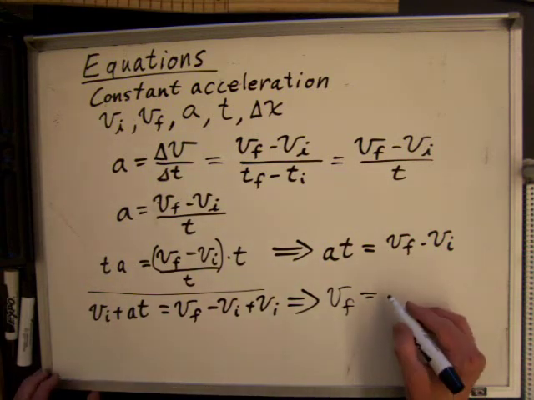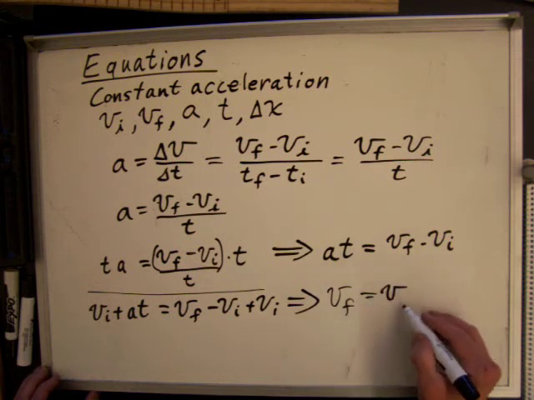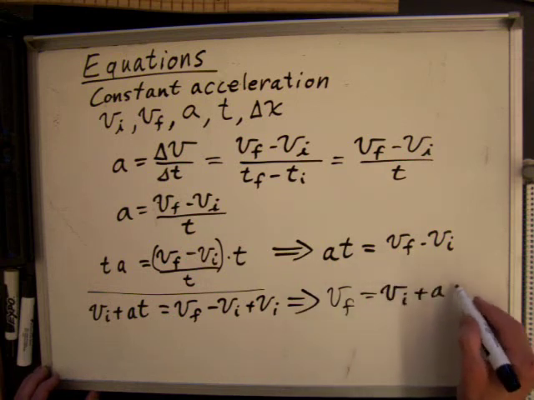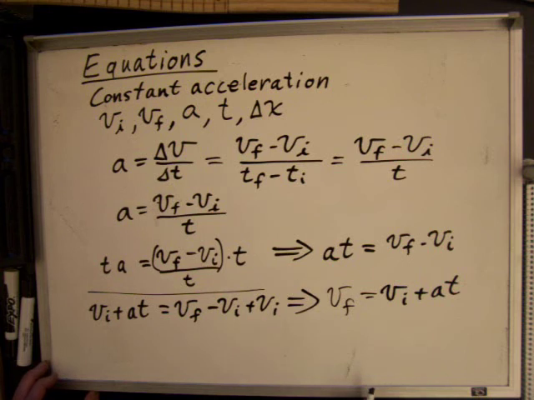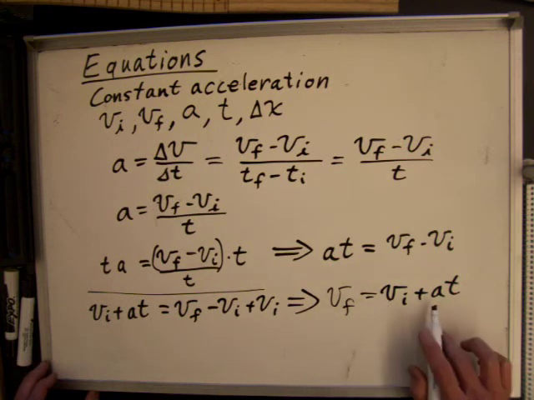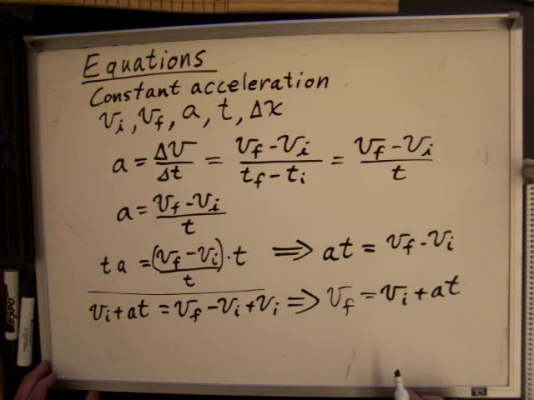It doesn't change anything. So VF will be VI plus AT. So if you know the initial velocity, and you know the acceleration, and you know the time, then you can find out what the final velocity is. The final velocity is just the initial velocity plus the acceleration times the time.